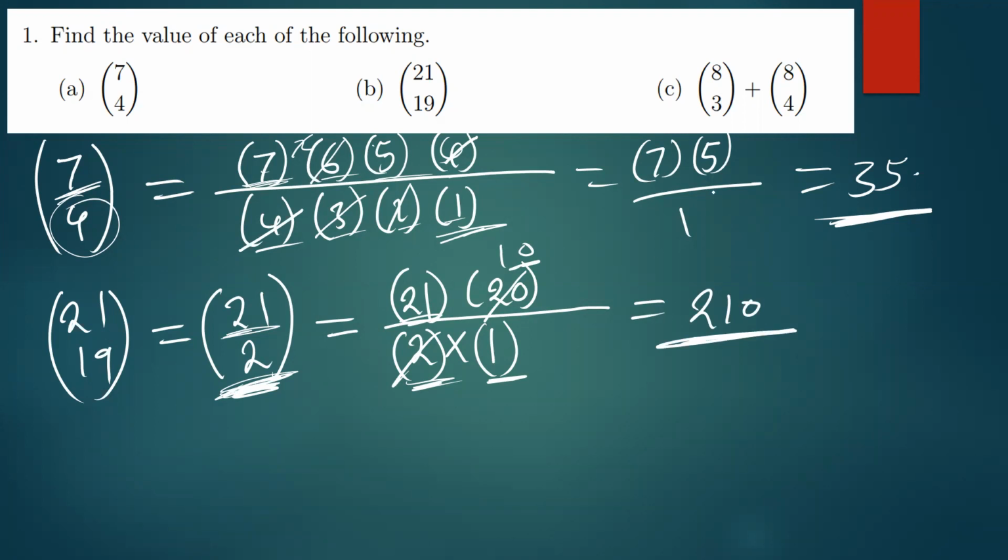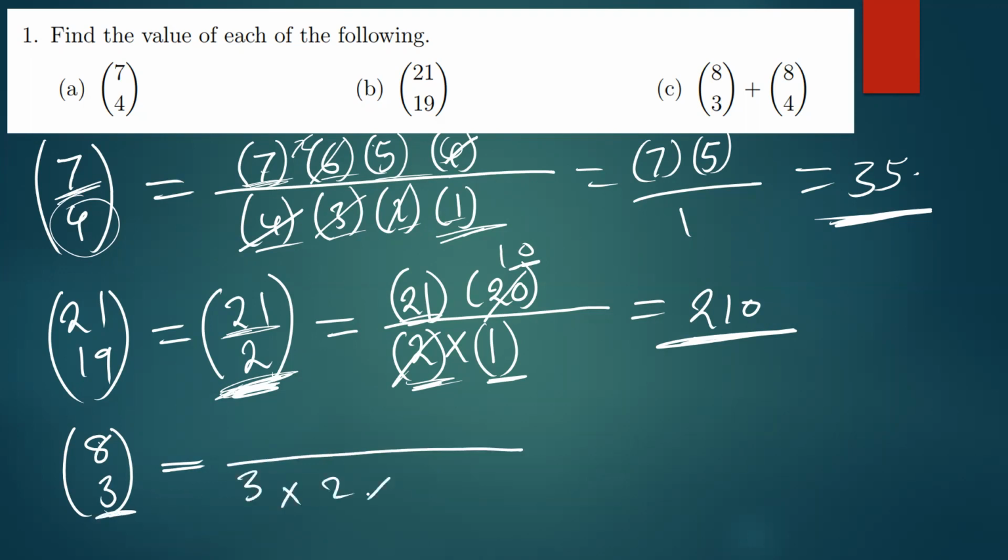So let me give you another example. I'm getting 8 choose 3, the same one which is there. So 8 choose 3 is going to be, so I'm going to draw the division line. I'll write 3 factorial, which is 3 times 2 times 1. Since I have 3 numbers down here, the numerator should also have 3 numbers.